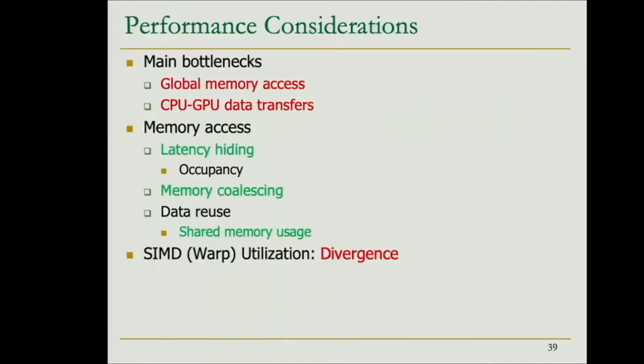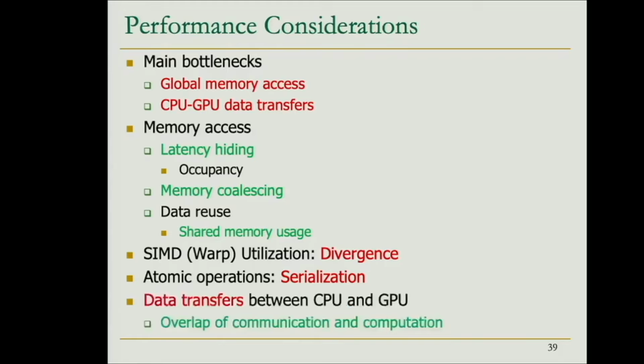We will also go back to something that we started to discuss at the end of the lecture the other day, the divergence inside a warp, and how to deal with this. We will also talk about atomic operations, which are one of the sources of inefficiencies in thread execution inside the GPU, because we need a serialized execution, especially in the cases where two threads running concurrently need to update the same element in memory using an atomic operation.